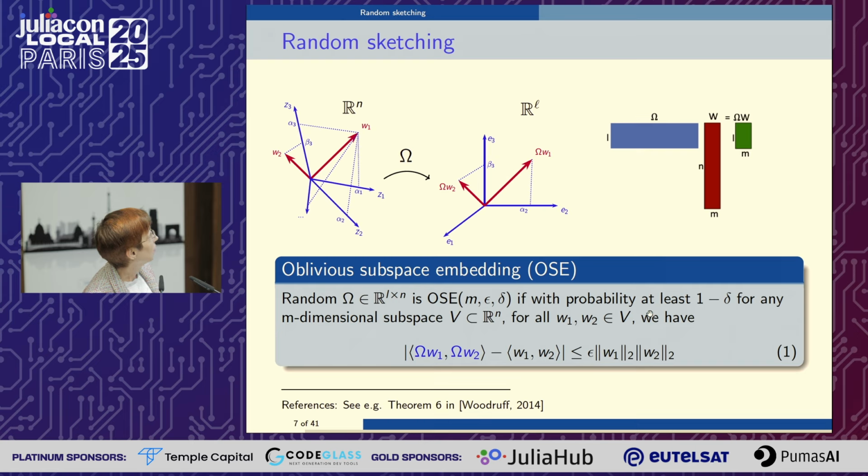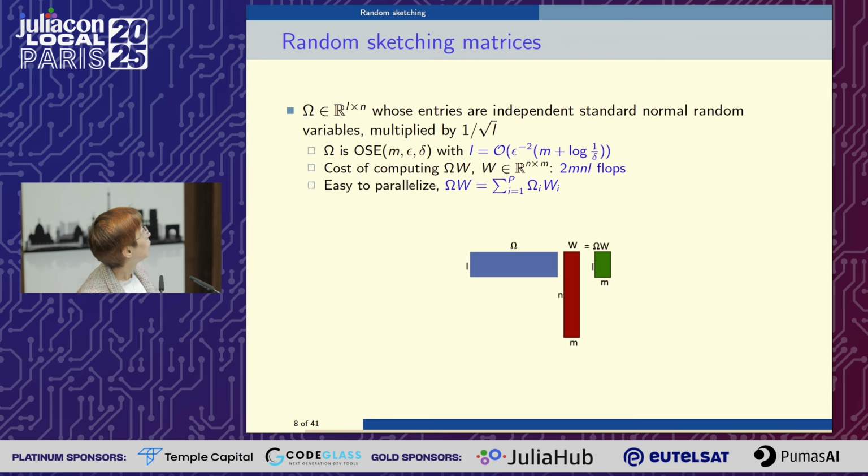And with this, what we'll be interested in is to see what omega we can take, because everything else afterwards will rely on being able to do this sketching very quickly. One option is to take omega to be a Gaussian matrix. So the entries are independent standard normal random variables which are rescaled.